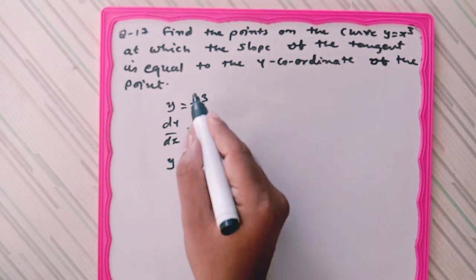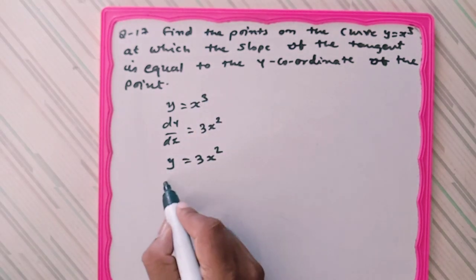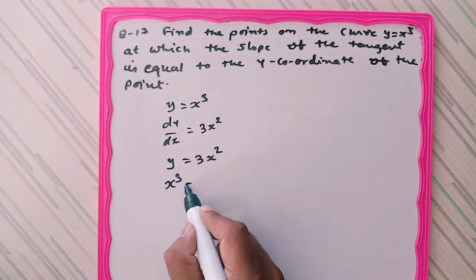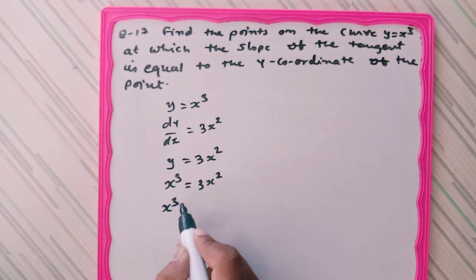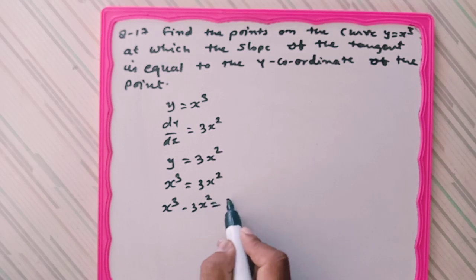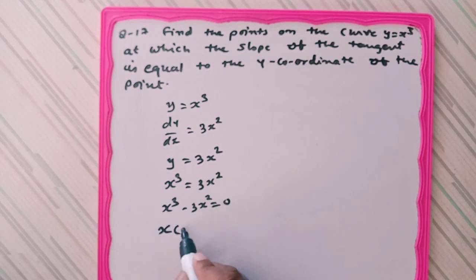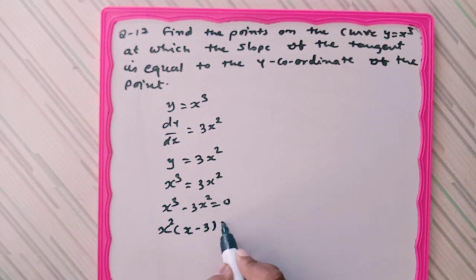So y equals 3x square and y equals x cube, so we have x cube equals 3x square. So x cube minus 3x square equals 0. Taking x square common, x square into x minus 3 equals 0. So x equals 0 or x equals 3.